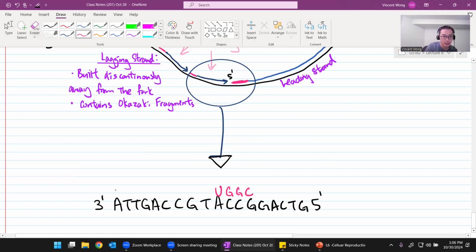And then over here, that's going to be another primer, U, A, C. And for the record, this is 5', 3', 5', 3'. So that's the RNA primer, laid down by the primase, right? The enzyme is primase.